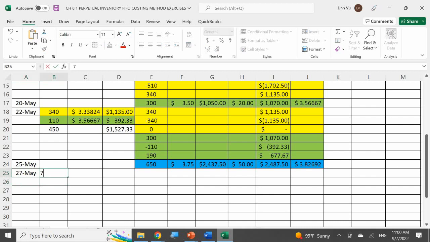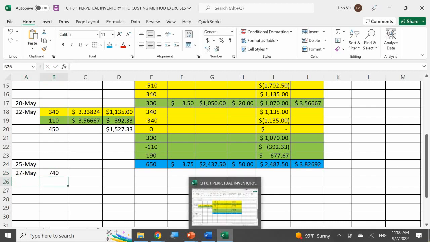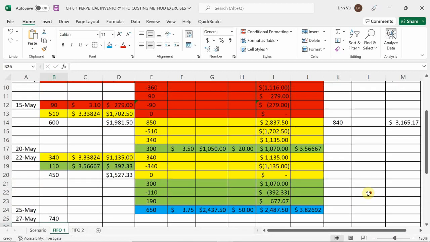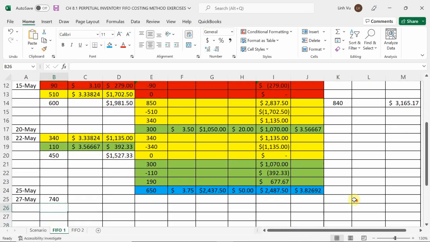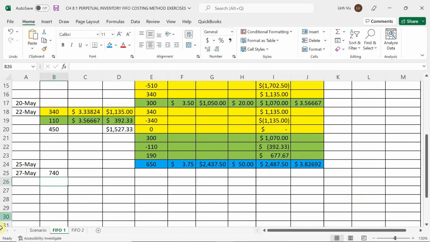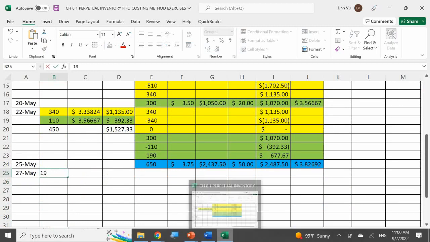So, once again, let's take a look at my inventory. I only have 190 left remaining in my green batch. So, therefore, I need to dip into my blue batch.